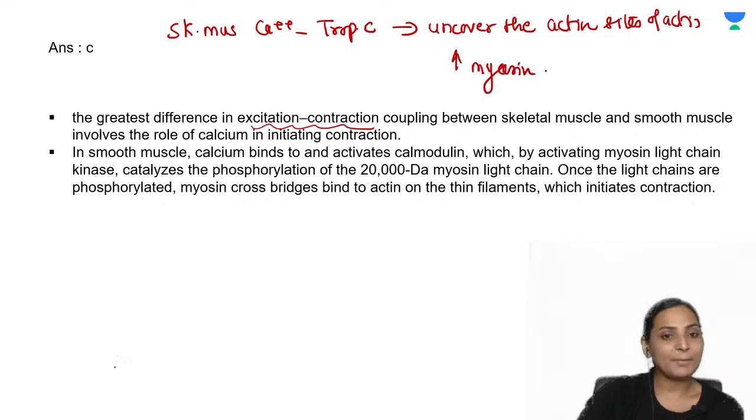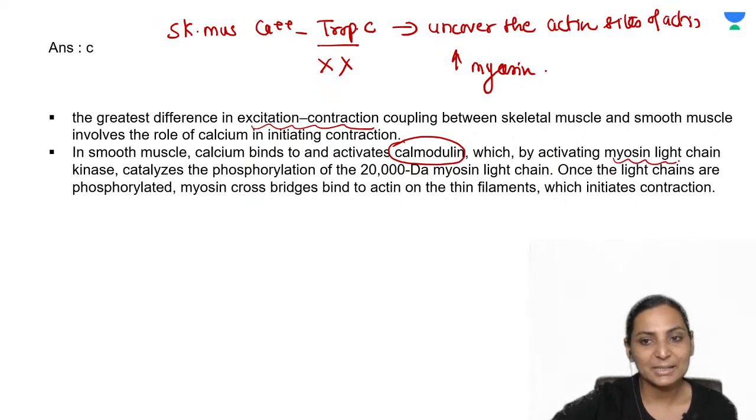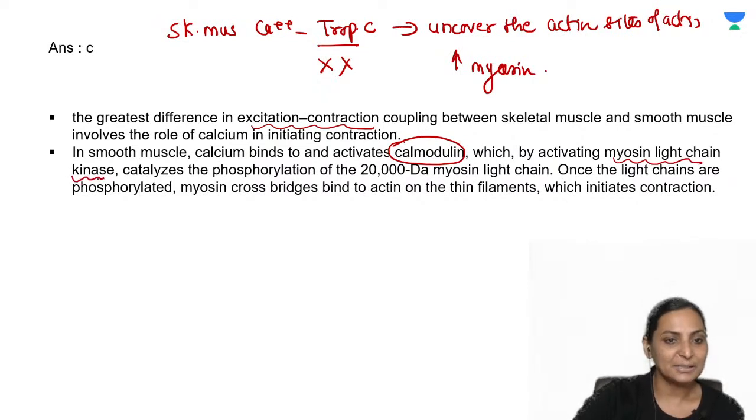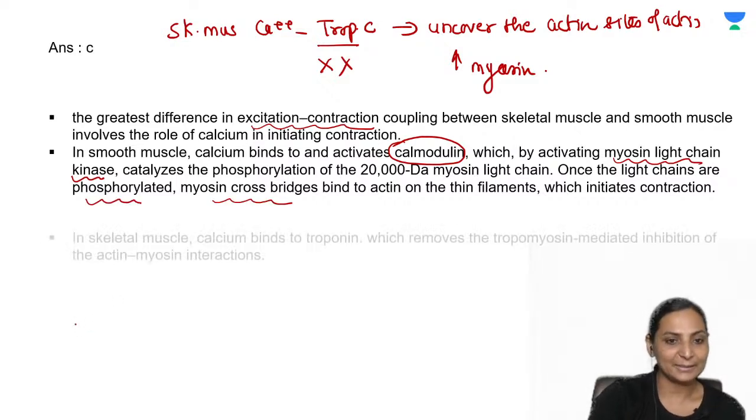But if you remember the smooth muscles, troponin C is absent, and what is present is calmodulin. So there is going to be a calcium calmodulin complex which will activate the myosin light chain kinase, leading to phosphorylation, and then myosin cross bridges are going to be formed with actin.